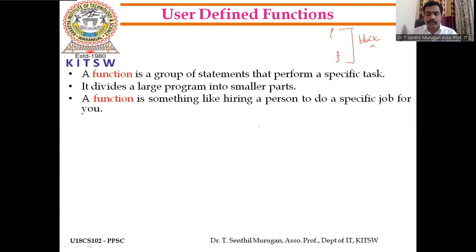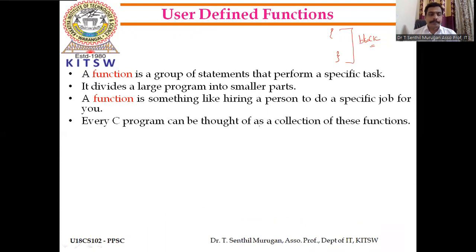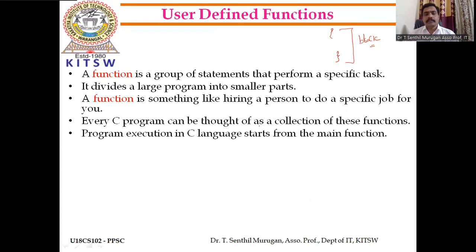In the same way, function blocks have different tasks for the main program we write in the C programming language. Every C program can be thought of as a collection of these functions. Program execution in C language starts from the main function.